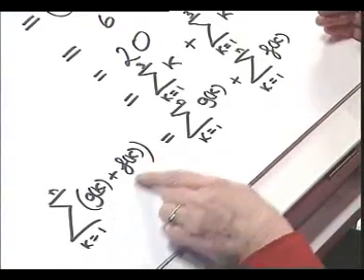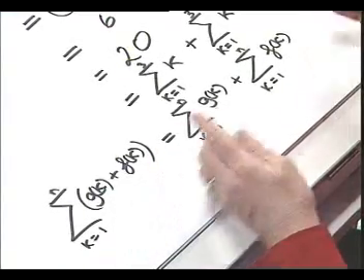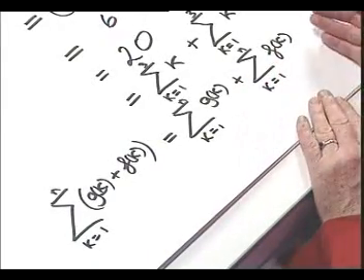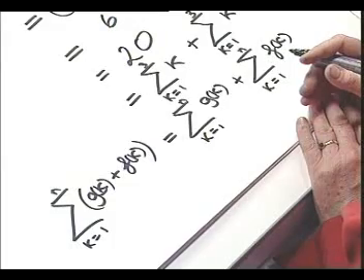And in fact, we could continue this on. If we added on other functions within our variable here, then all we have to do is add on another sigma of that particular function.